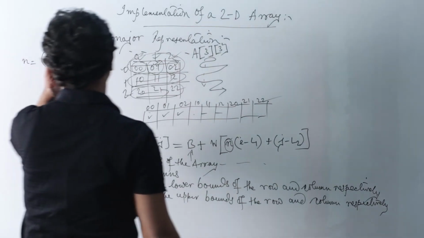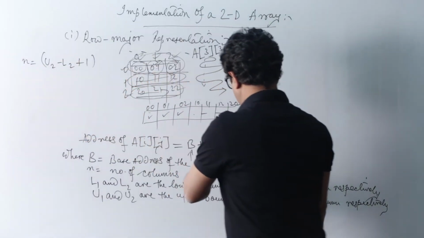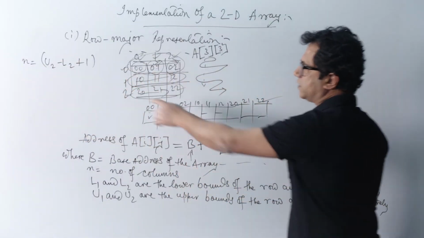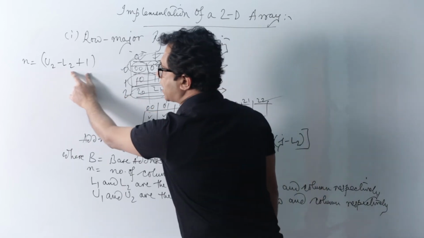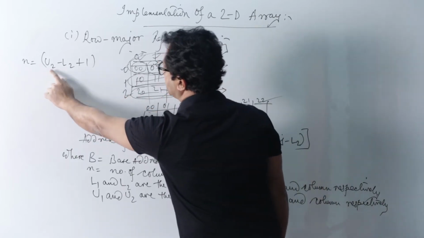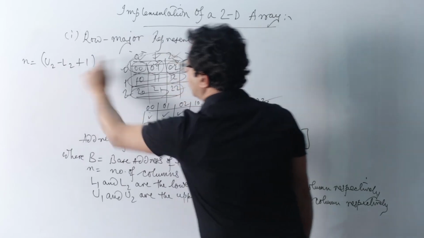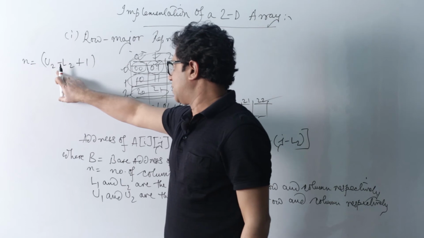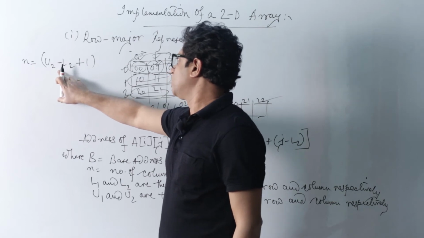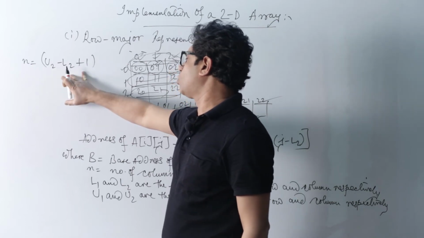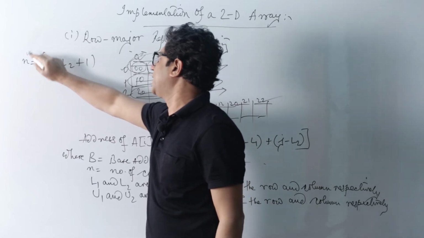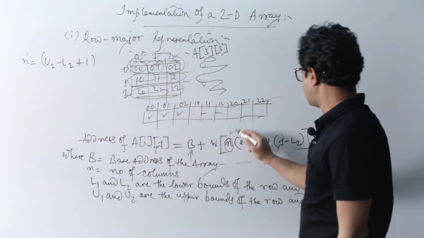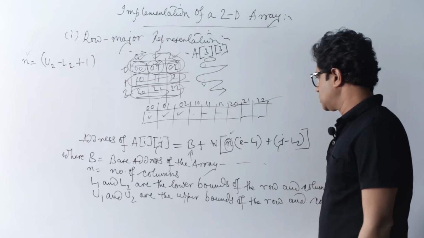That is the upper bound of the column minus the lower bound of the column, and then add 1 to the result to find out the value of N, which is to be put in this formula as the number of columns.